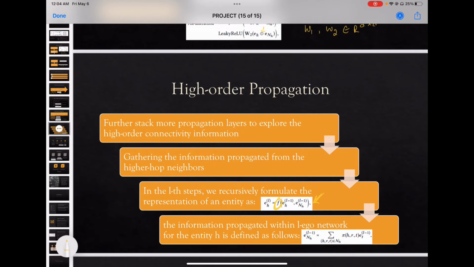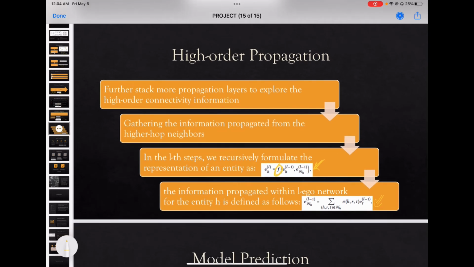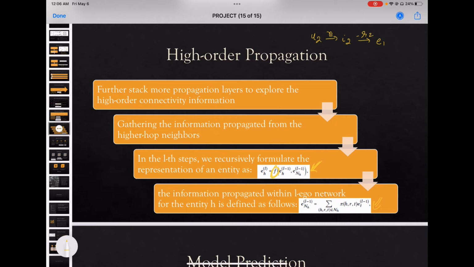Also, the information propagated within an L-ego network for the entity H is defined as follows. Here, there are L layers and the ego network eNH. Using this process, high-order connectivity, which connects many users and items using different relations, can be captured in the embedding propagation process.